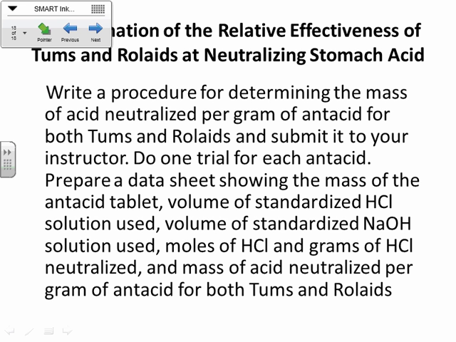So then your assignment now is to write a procedure for determining the mass of the acid that gets neutralized per gram of antacid for both Tums and Rolaids, and then submit that to me. Okay, and it says do one trial for each antacid. Probably, honestly, it would be better if we did 2 trials of each, but we just don't have time. Okay, so as a time saver, just do 1 trial for each of the antacids.